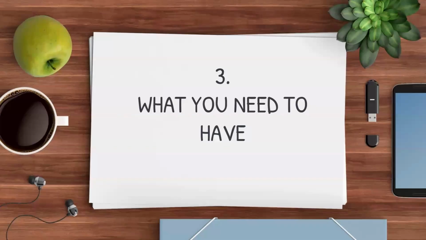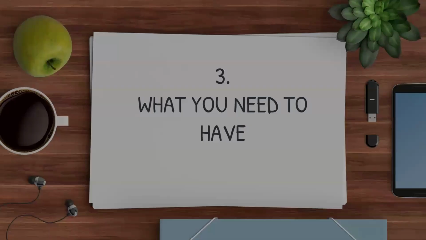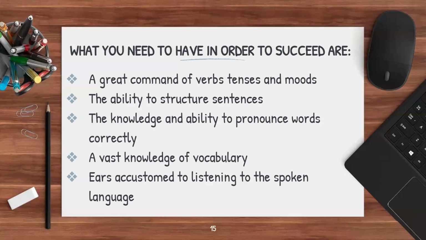So, what you need to have, this is very important to know. In order to succeed, you need a great command of verb tenses and moods. In other words, you have to know how to properly use verb tenses and moods. Number two, the ability to structure sentences.